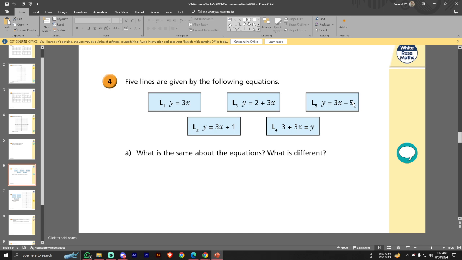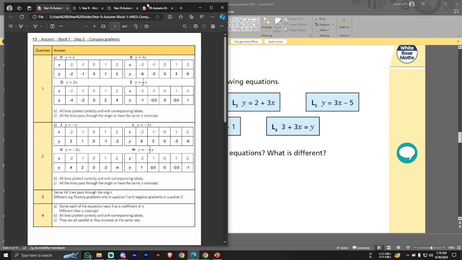What is the same about the equations? What is different? Yes. They all have an L. What is the L for? L is just a name for the lines, a symbol, nothing else.